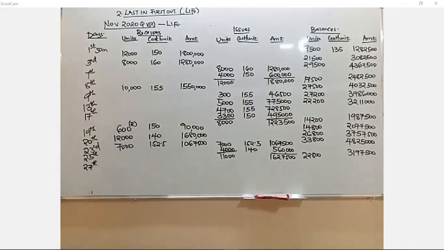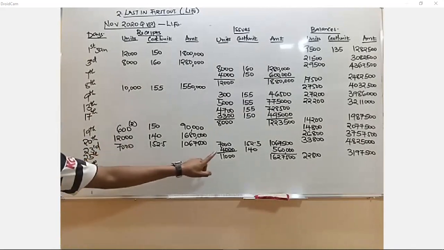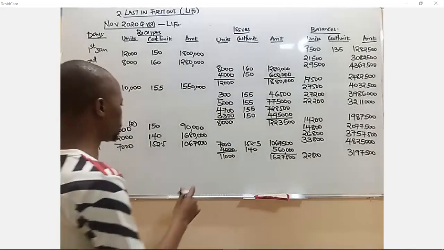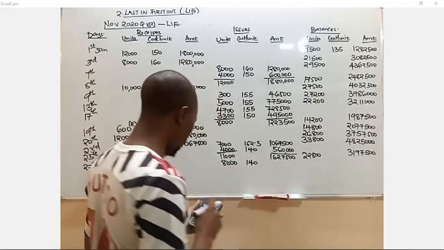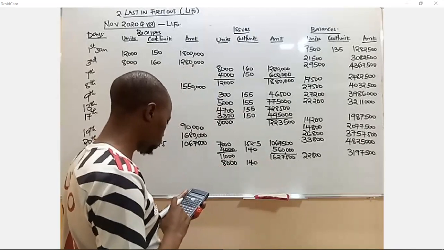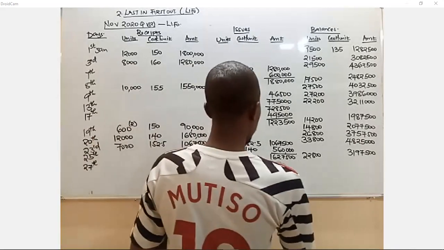On the 27th, I can see the customer demanded 10,000 units. Now, what you are supposed to be asking yourself is, what is the balance here? 8,000, right? Yes, 8,000, because already you have issued 4,000. 8,000 remaining by 140. So 8,000 by 140 is how much?